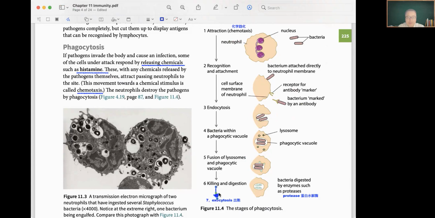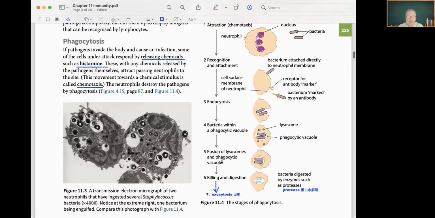You see the arrow? So 1, 2, 3, 4, 5, 7. So that is the phagocytosis, to digest or hydrolyze by the enzyme by the phagocytosis macrophage or by the neutrophil.